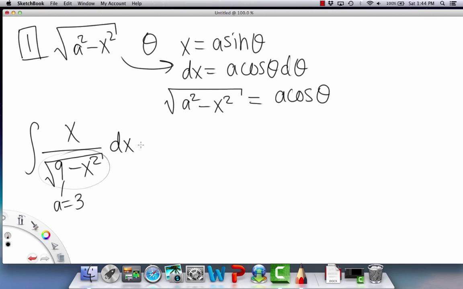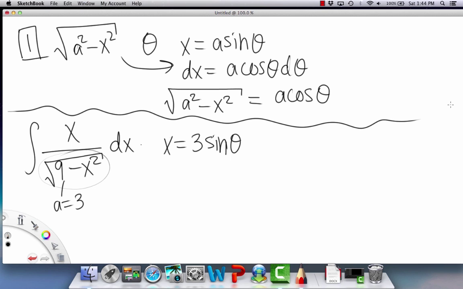We're going to plug in our a and theta into these formulas. So x is going to equal a, which is 3, sine theta. I'm going to draw a line here so you don't get confused. The top is our guidelines, and this is our actual problem.